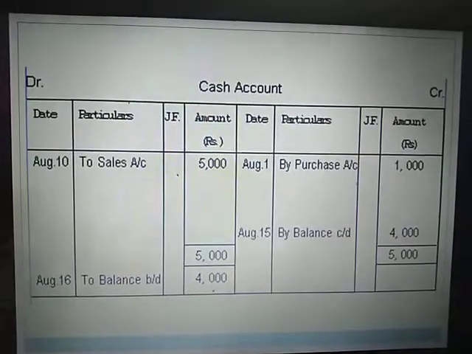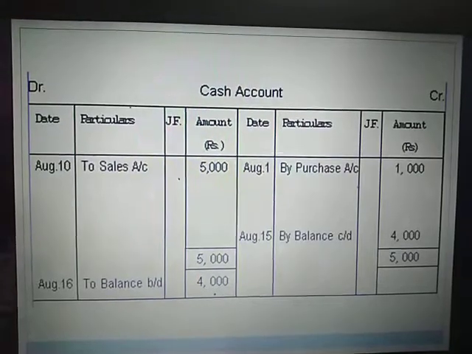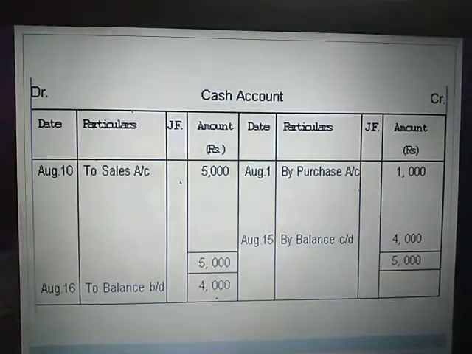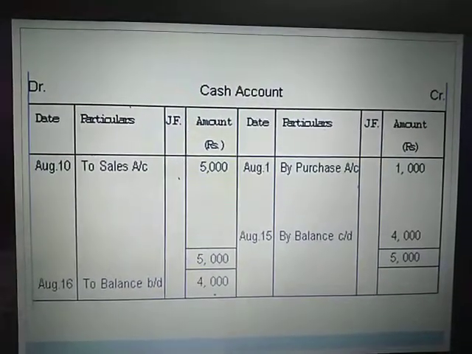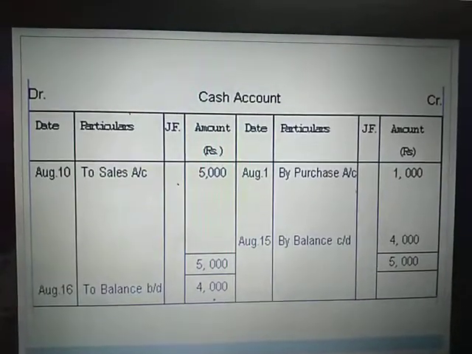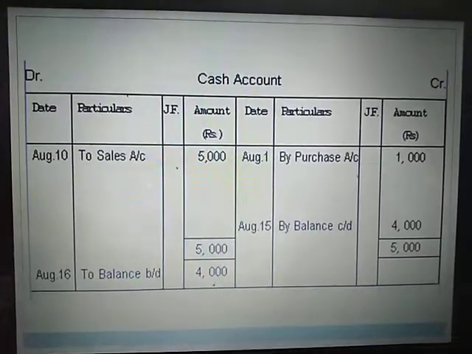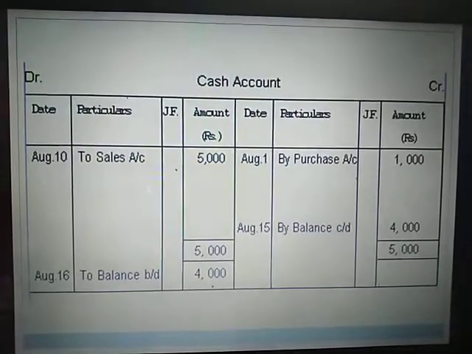And you can see that there are two sides. On top of the left hand side it's written debit, whose short form is DR, and on the right hand side it's written credit, whose short form is CR.